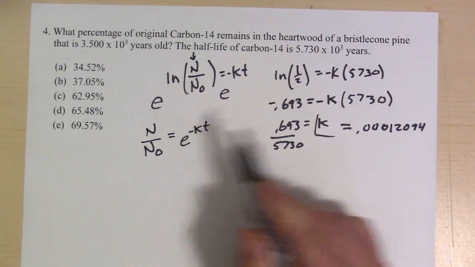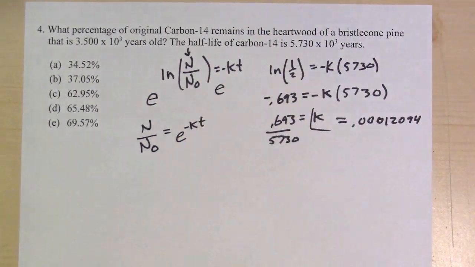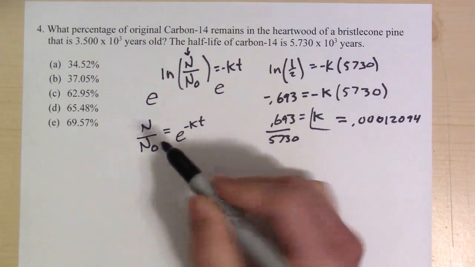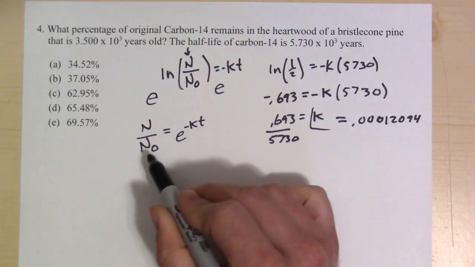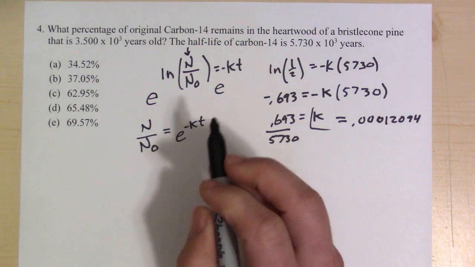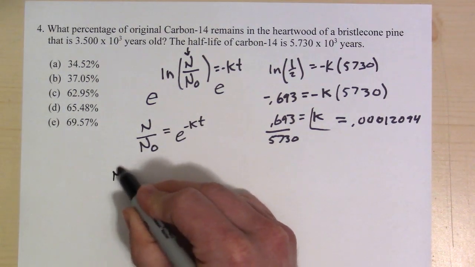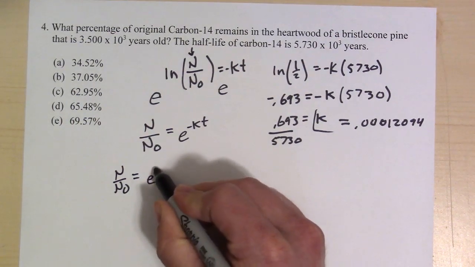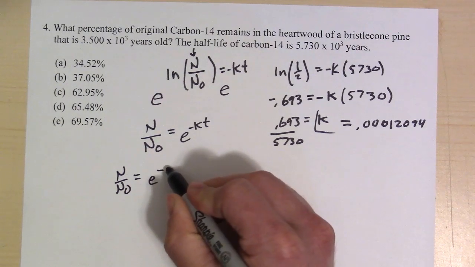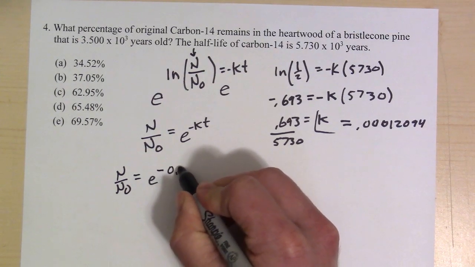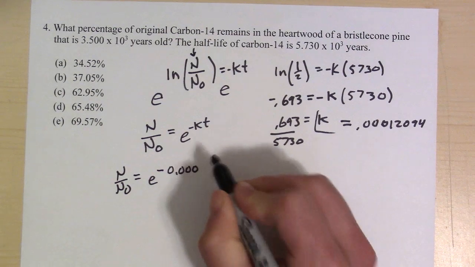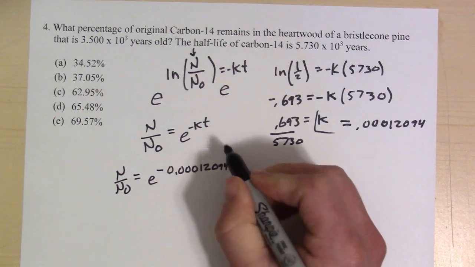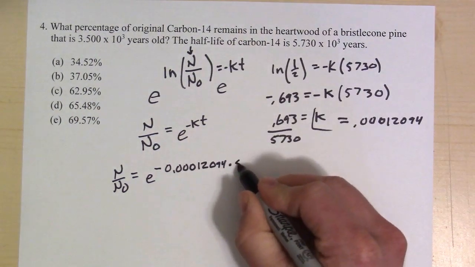We know what k is, we know what t is, and we also know that N0 is equal to 100, let's say, just to make our percentage calculation easier. So we have N over N0 is equal to e to the negative kt, so we know that k is 0.00012094 times t, which is 3.5 times 10 to the 3rd years.